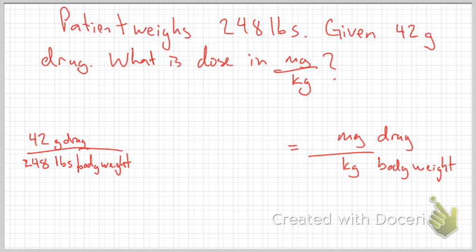We're not starting out with a single number and a single unit. So then the question is, can we get from the unit on the top to the unit on the top over there? Do you know how to convert from grams to milligrams? Do you know how to convert from pounds to kilograms? That might be something you have to look up. Okay, so go ahead and do that and figure out what that numeric value would be.